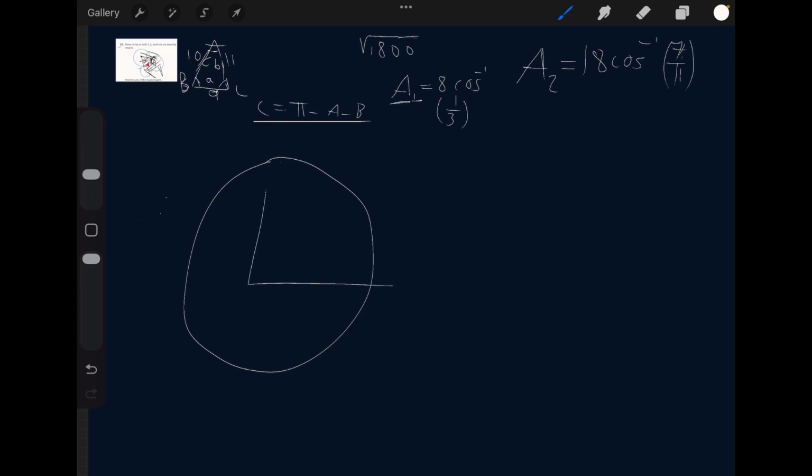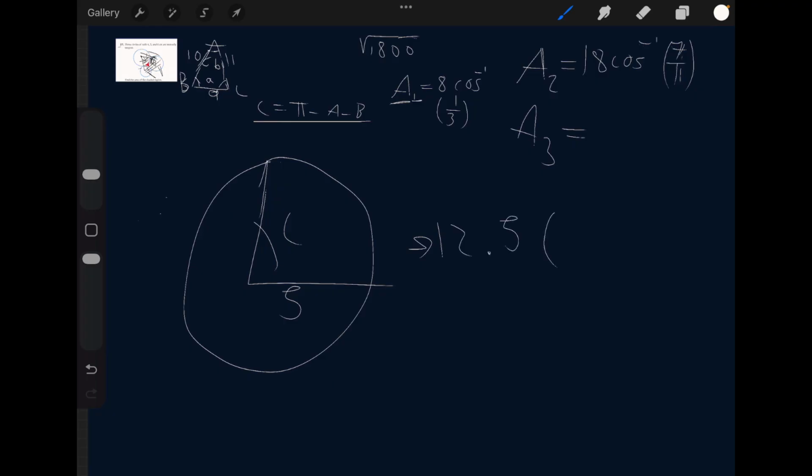That will be angle C and radius 5, and it'll give us that A sub 3 equals half of the radius squared, which is half of 5 squared, half of 25, and that'll equal 12.5.